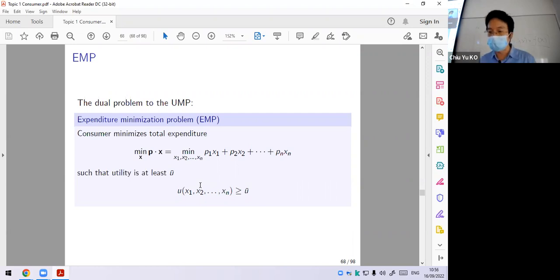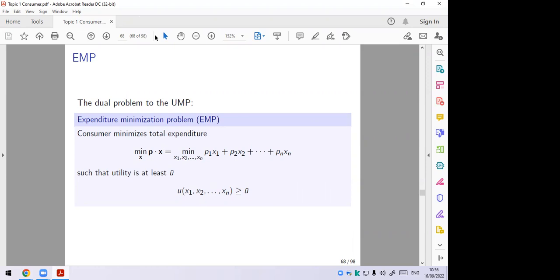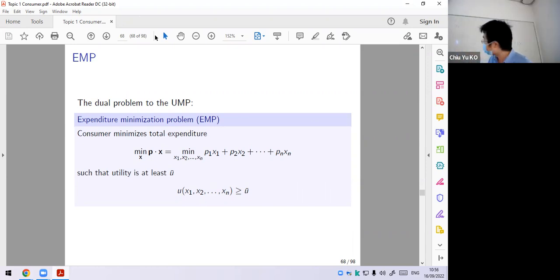I try to draw here. Can you see? Yes. Okay, so x1, x2. What we learned is we have a budget line here.